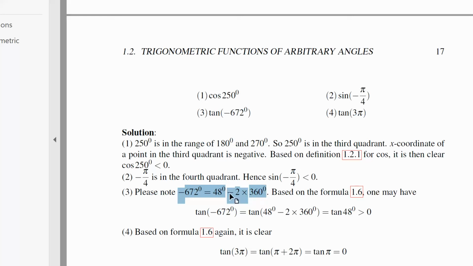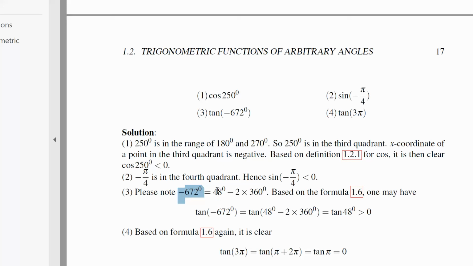That means 48 degrees is the coterminal angle of negative 672 degrees.